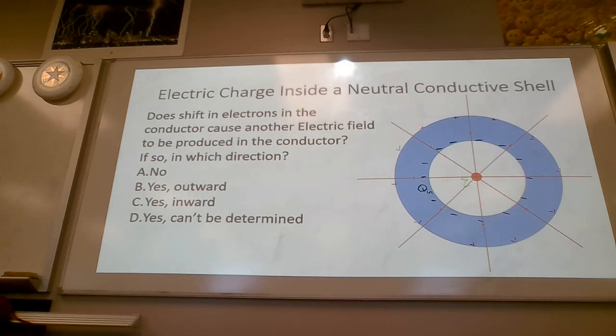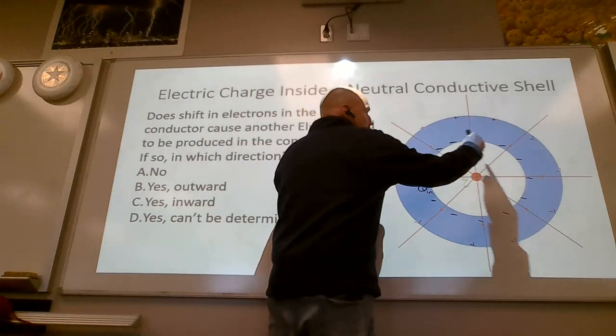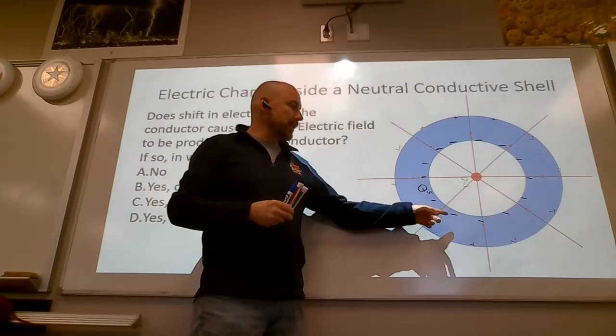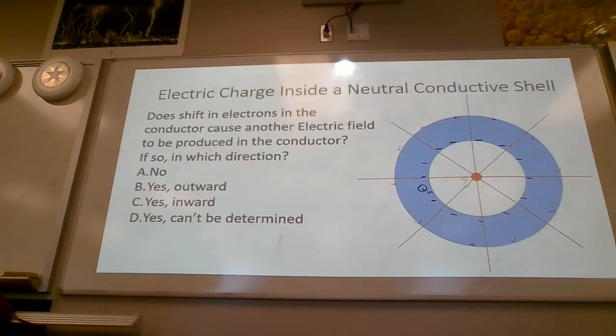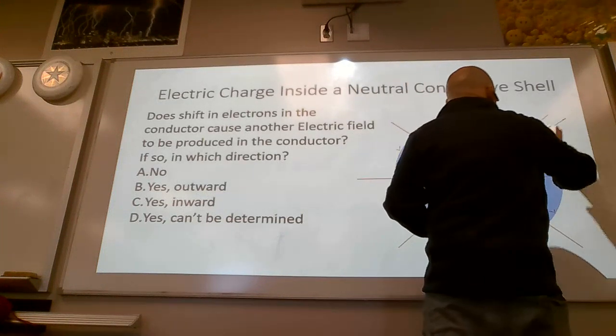The polarization. The fact that the electrons went into here, leaving behind the protons. So these electrons here that have shifted. Correct answer is C. Okay. The electric field is going this way.